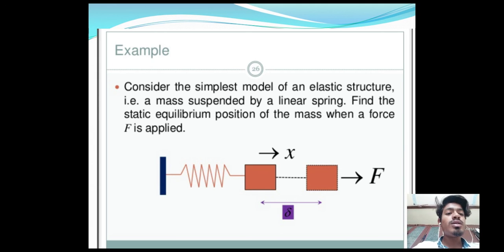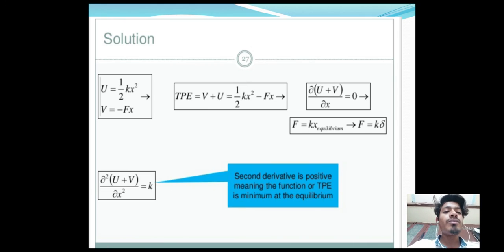Here the strain energy is U = ½kx², and V = −Fx. The total is taken as Π = ½kx² − Fx, where δ(U + V)/δx = 0.